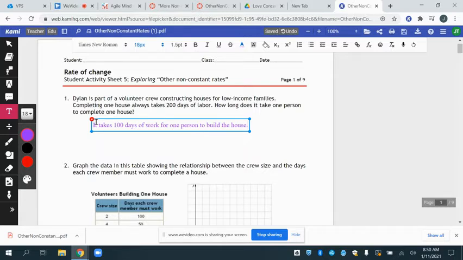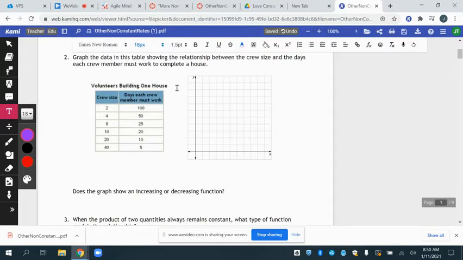Okay, so we've done that. Now we're going to fill out this table. We're going to make a graph really fast.